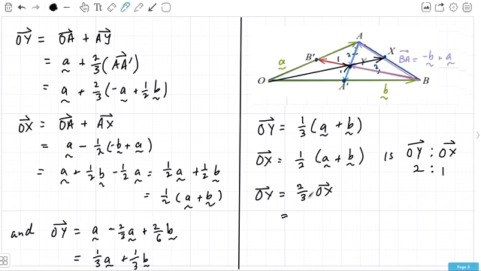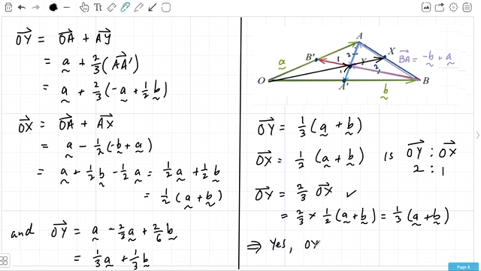And you can see here, 2/3 times O to X would be 2/3 times a half, which, as the 2's cancel, equals 1/3 of A plus B. And that is what O to Y already is. We know that. So what we've shown here is that, yes, O to Y is 2/3 O to X. That is, O to Y is to O to X in ratio 2 to 1.